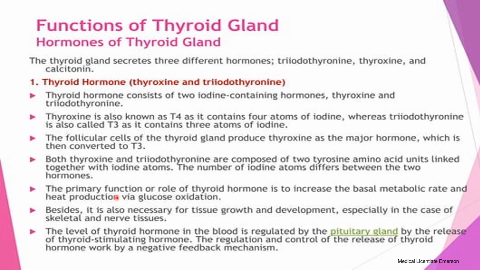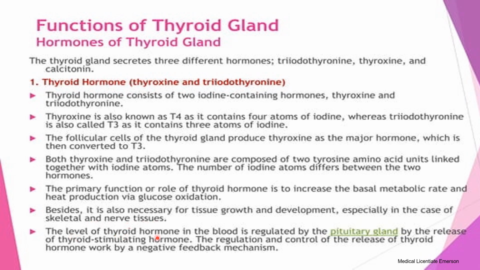The primary function or role of thyroid hormone is to increase the basal metabolic rate, which is the BMR. Apart from that, it also increases heat production via glucose oxidation. Besides, it is also necessary for tissue growth and development, especially in the case of skeletal and nerve tissues.